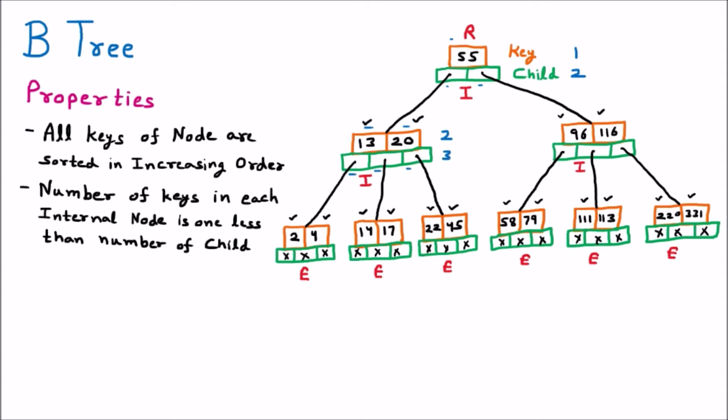Now talking about the right node: 1, 2, two keys, and 1, 2, 3, three children. So we can see that this property is followed, that every internal node has keys which are one less than the children. These are the properties which are taken from the MWay or the MWay search tree.